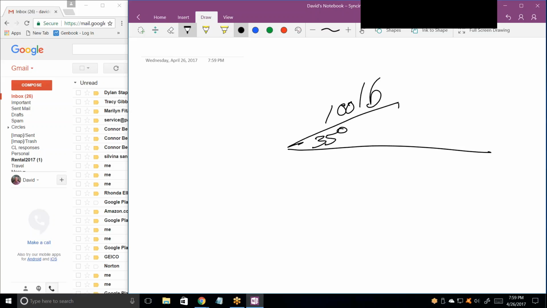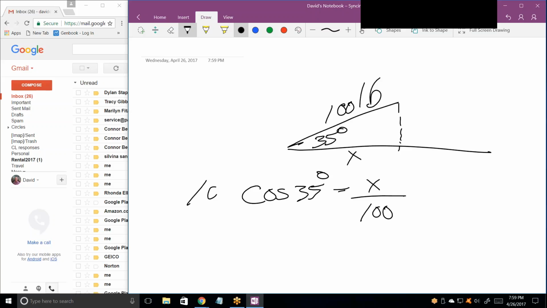Well, that means that the cosine of 35 degrees is going to be equal to my x component over the hypotenuse. So the x component is 100 times the cosine of 35 degrees. Okay. And my y component, by the same logic, is going to be 100 times the sine of 35 degrees.